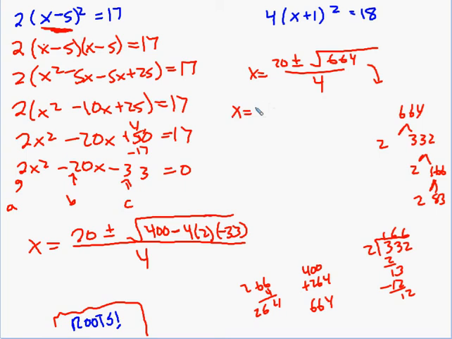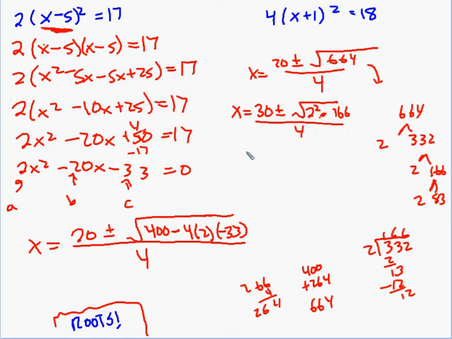So, equals 30 plus or minus 2 squared times, this did not work out. It should have worked out, but something happened. 166. I don't think that's divisible by anything. Times all over 4.